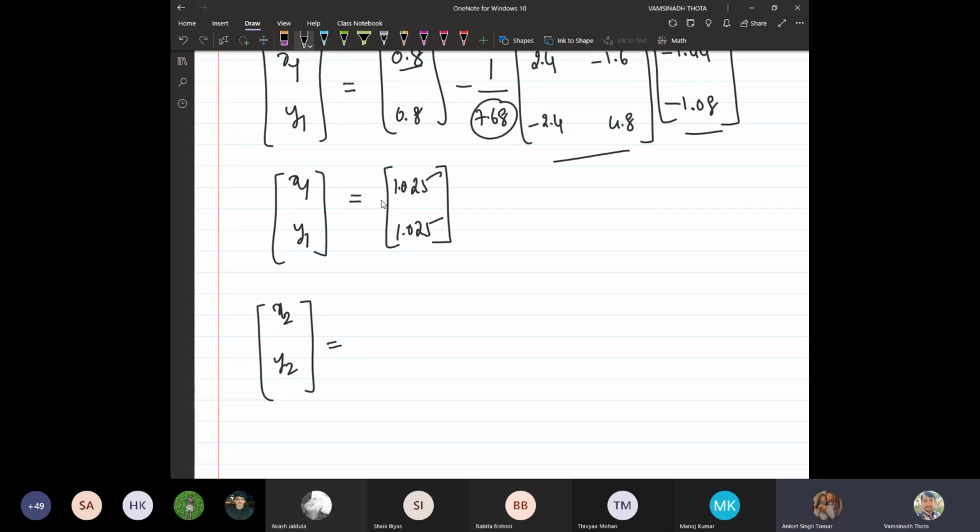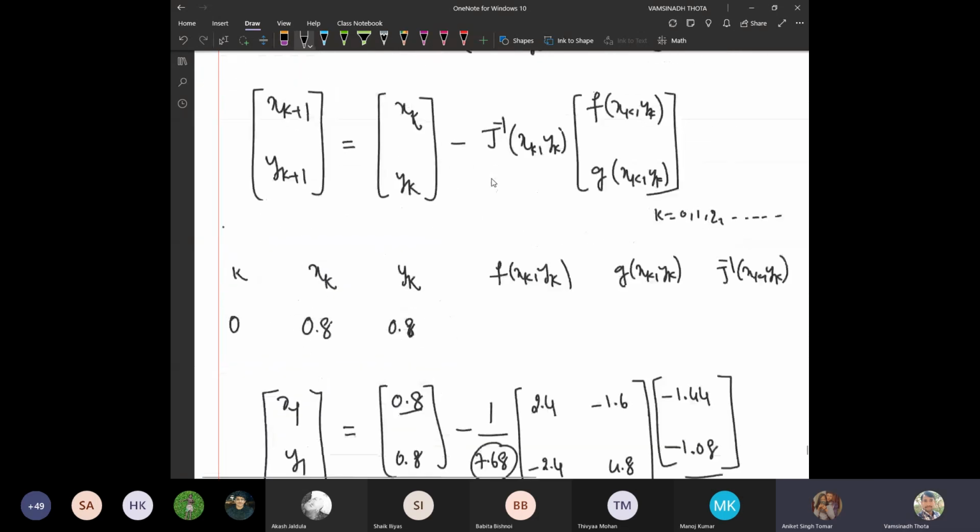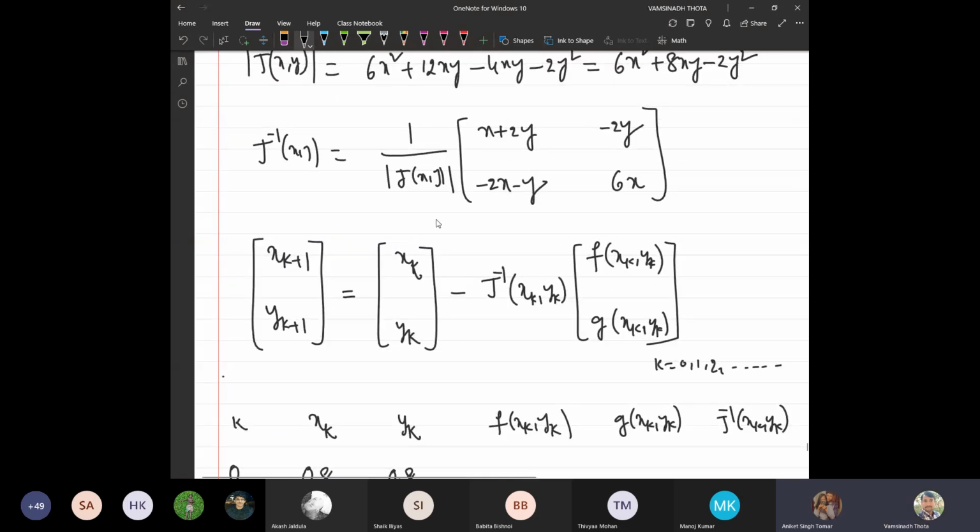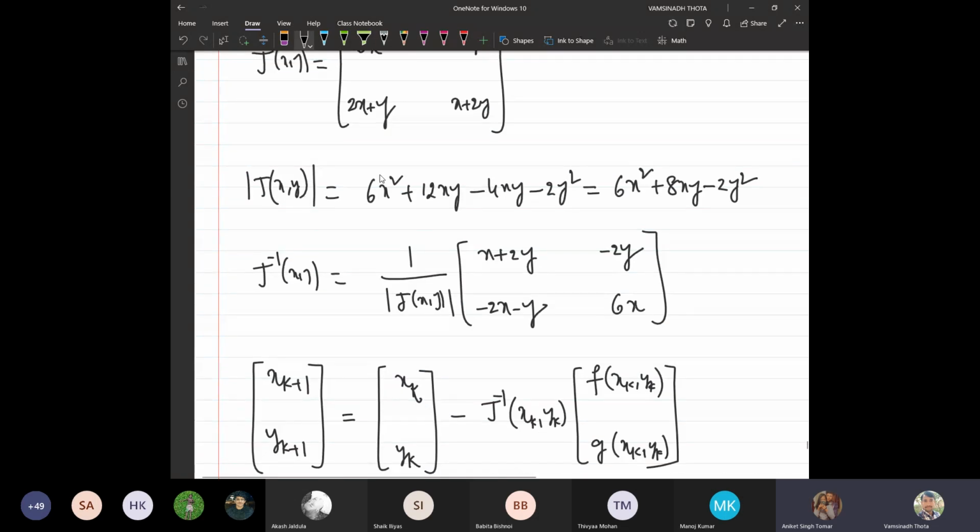So x2 and y2 means x1 and y1, that is 1.025, 1.025, minus 1 upon the determinant of the Jacobian matrix. So what is the Jacobian matrix?